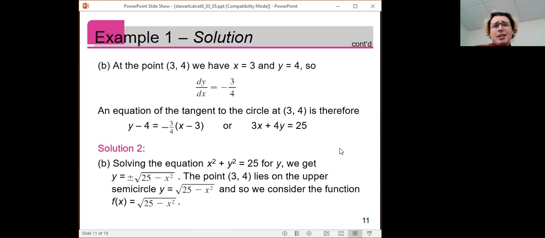Now, if I tried this the other way, if I broke into 2 different pieces, I certainly could do that with this circle. Let's say y equals plus or minus the square root of 25 minus x squared. Well, if my coordinates is 3, 4, that's a positive y value, so we must be on the upper half. I take the positive square root.